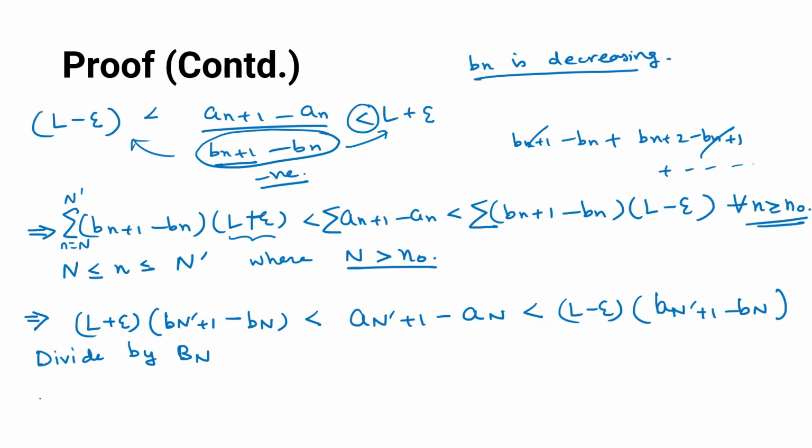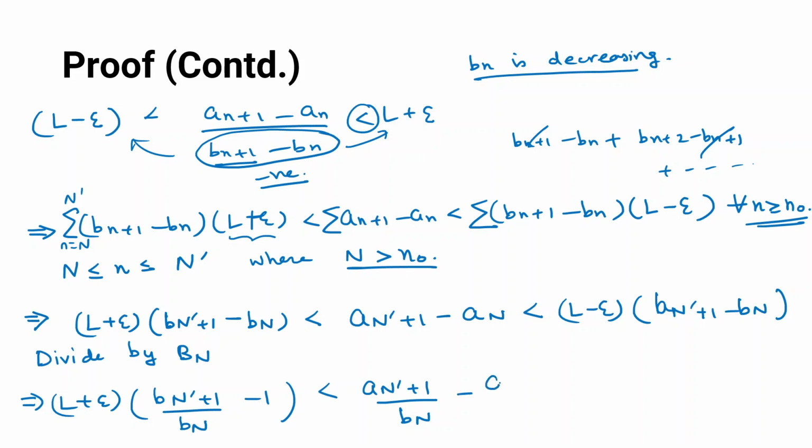So what we get is that L plus epsilon into bn prime plus 1 by bn minus 1 is less than an prime plus 1 by bn minus an by bn, alright, is less than L minus epsilon into bn prime plus 1 divided by bn minus 1. Alright, and now we're gonna use something.